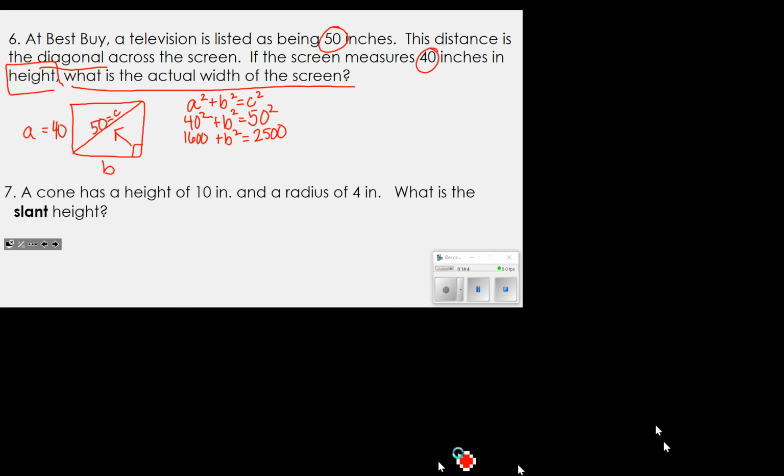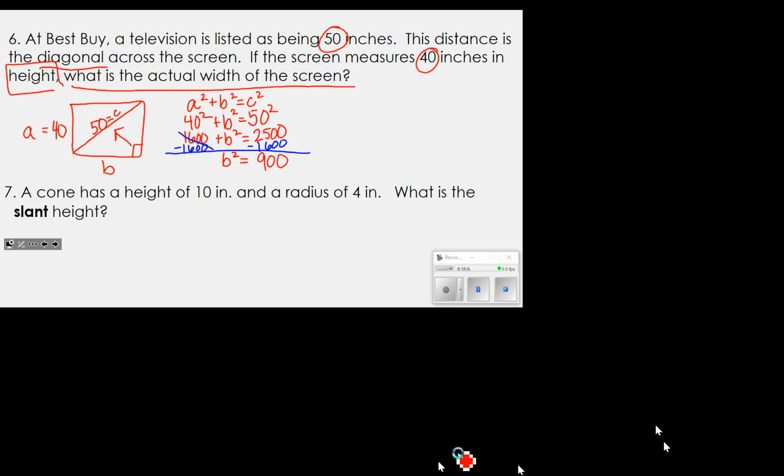Now we have an equation, so I'm going to pick up my cancel pen, and I'm going to do minus 1600 on both sides, draw a line and cancel, and I have B squared equals 900.